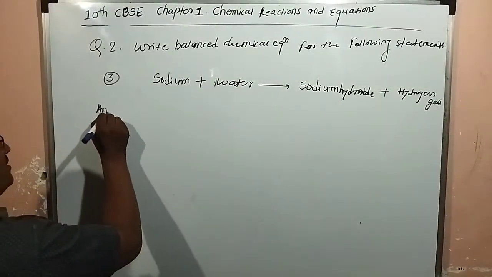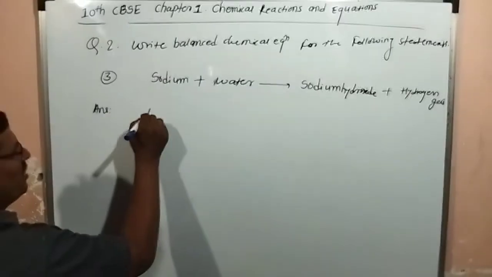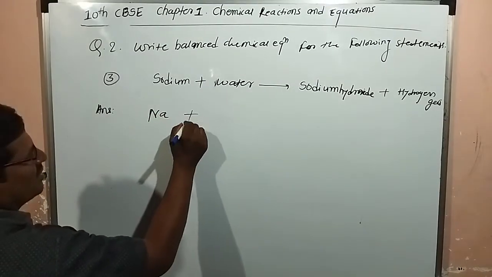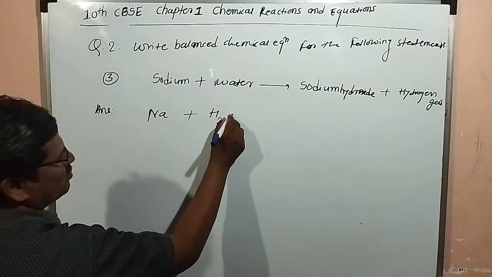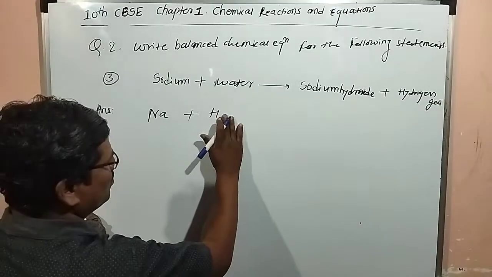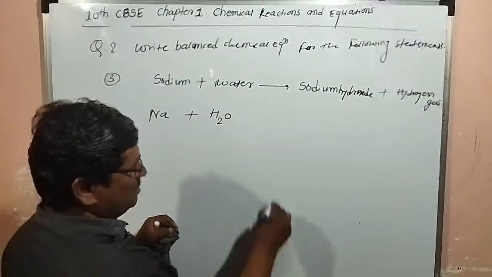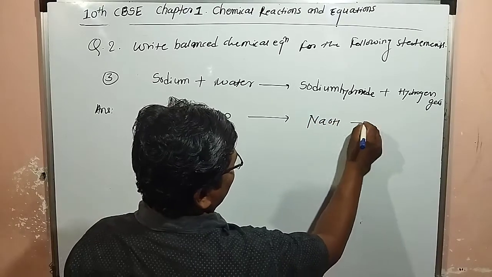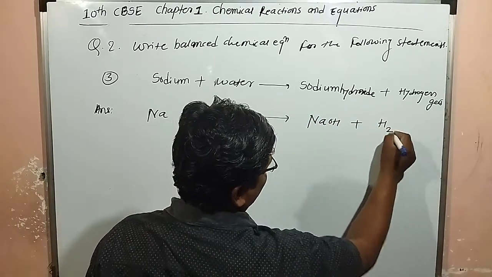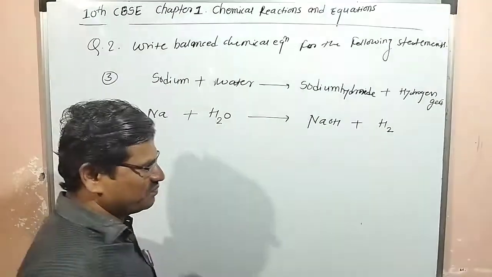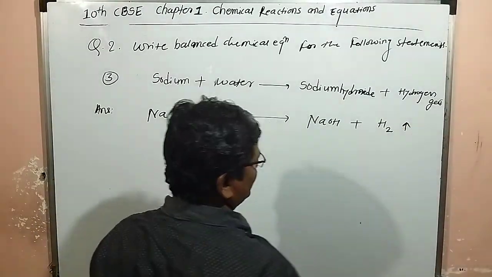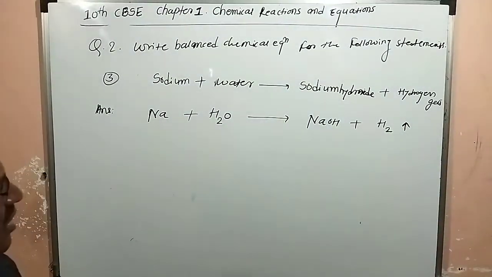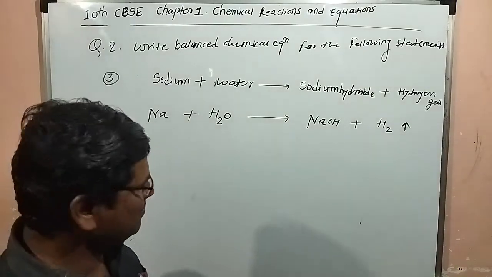In the answer, for sodium we write Na, for water we write H2O. For sodium hydroxide we write NaOH, and for hydrogen gas we write H2. This one is in the gaseous state. Now we have to balance this chemical equation.